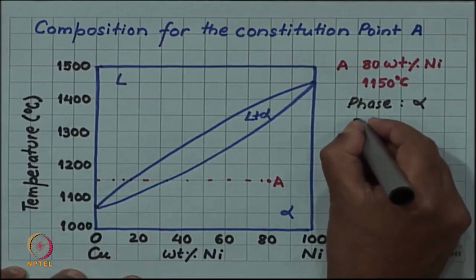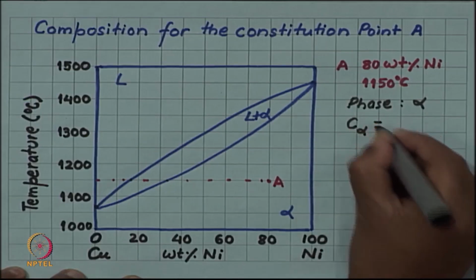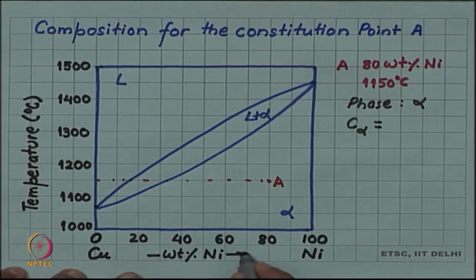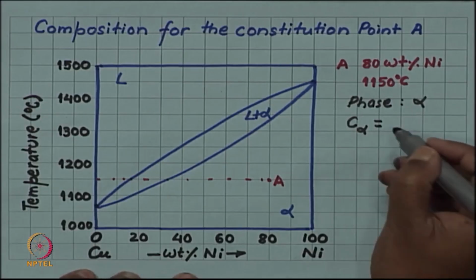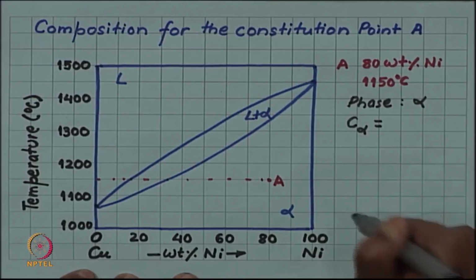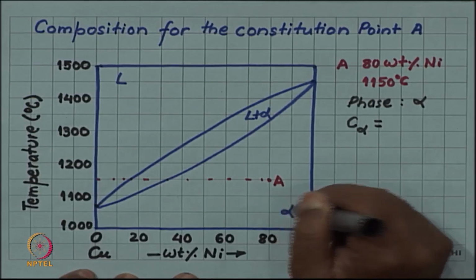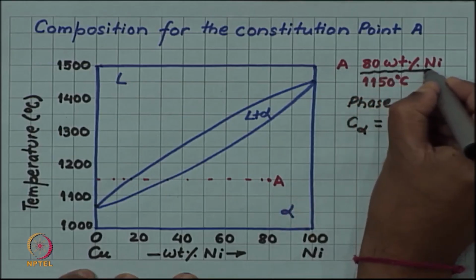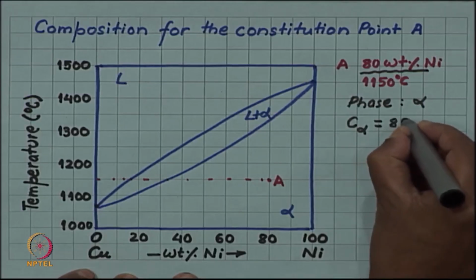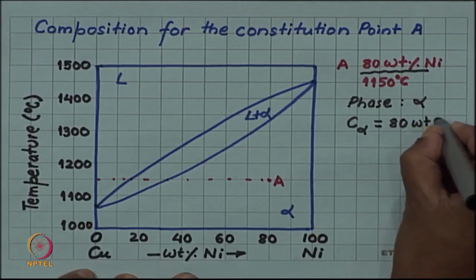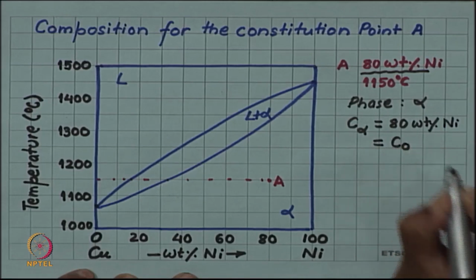This I will designate as composition of the alpha phase, C alpha, and since we are using weight percent nickel as our composition axis, I would like to tell how much weight percent nickel is present in alpha. But since this is a single phase alloy, the entire alloy consists of alpha. So, whatever is the composition in the alloy is the composition of the phase. So, C alpha is very easy here, it is 80 weight percent nickel, the same as C naught, the alloy composition.